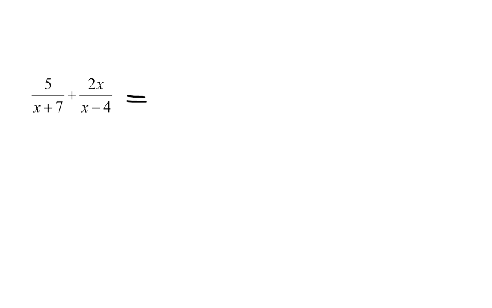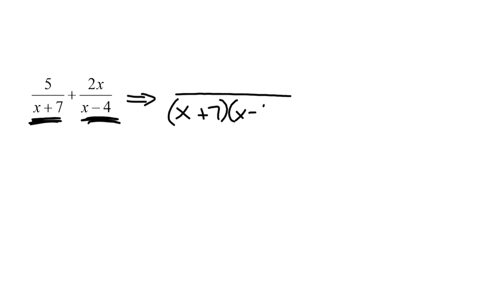Well, common denominator. Here we have a denominator of x plus 7. Here we have a denominator of x minus 4. I need both of those parts to be in the denominator. X plus 7 and x minus 4 need to be in the denominator. So what we have to do is we hopefully see that this first rational is missing the x minus 4 part in its denominator.